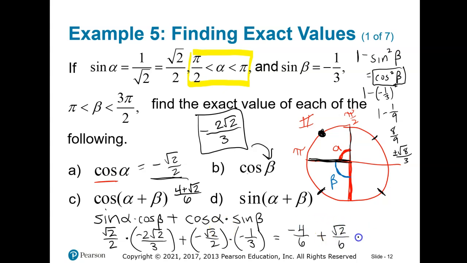So I can write this as square root of 2 minus 4 over 6. Knowing what quadrant you're in is very important when we find the values for the cosines. Then we just plug into the sum or difference formula and make sure you got your signs right. That's everything for these questions.